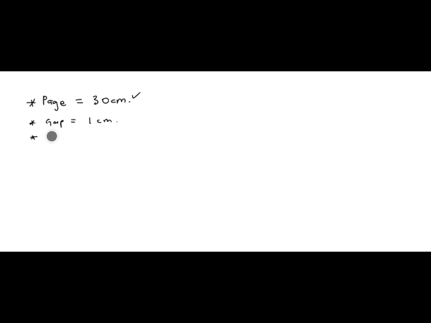So that means that the gray part of the page would actually be 50% of the page. And that will be, of course, 15 centimeters. So this question is more like us trying to find the sum of the lengths of the rectangles put together.